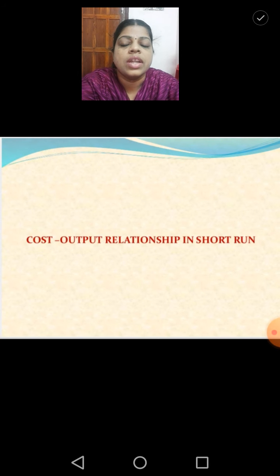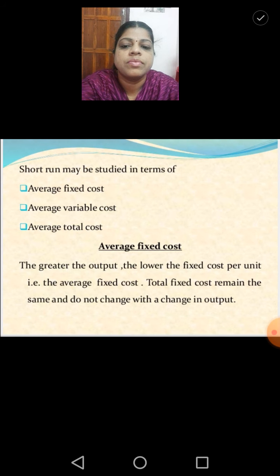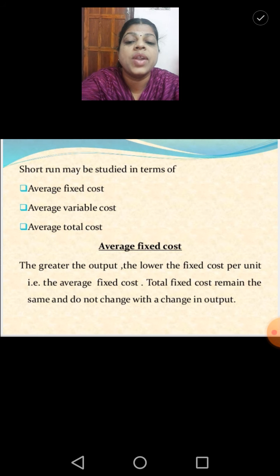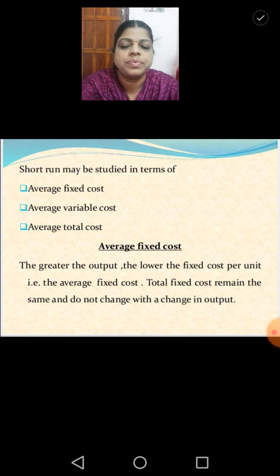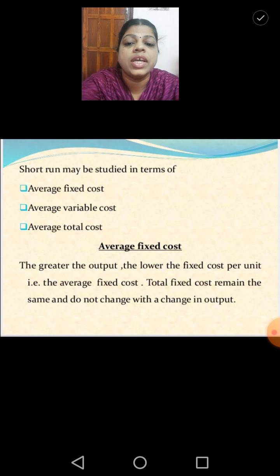Then, cost-output relationship in the short run. Here, the short run may be studied in terms of three costs: average fixed cost, average variable cost, and average total cost.